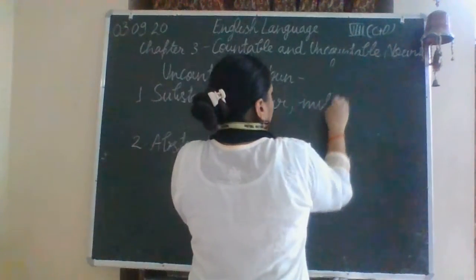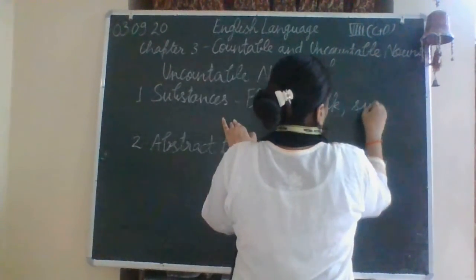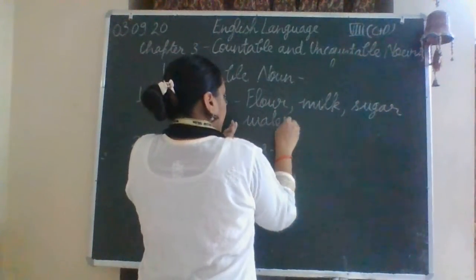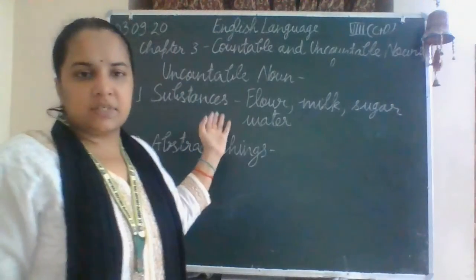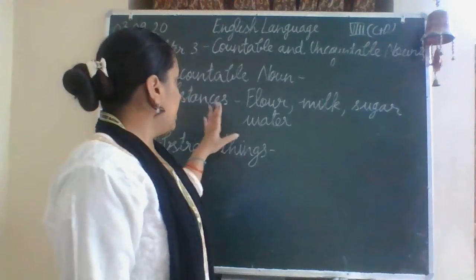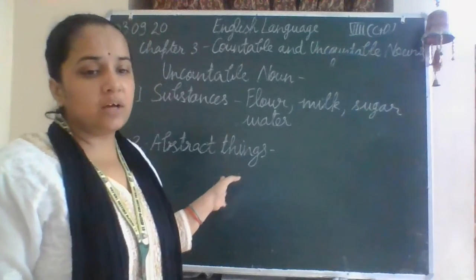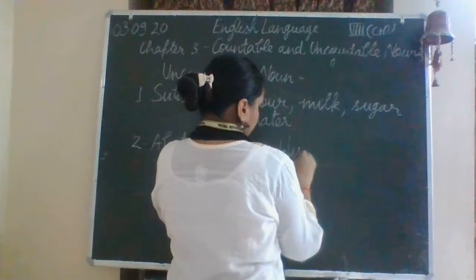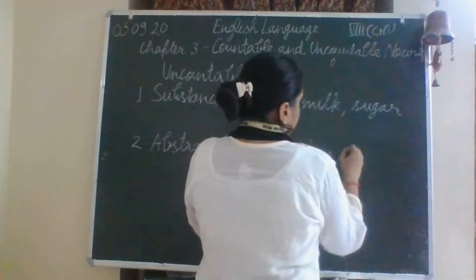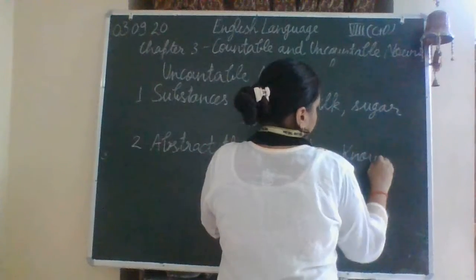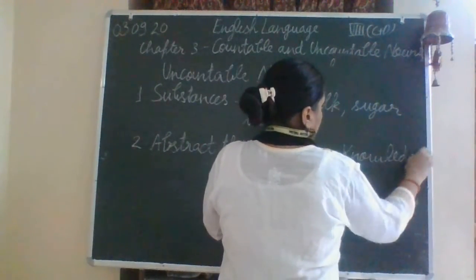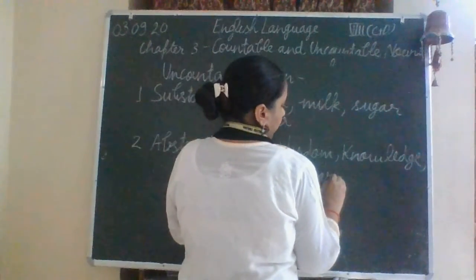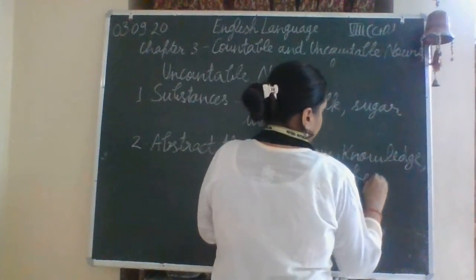So, substances, as we have discussed: flour, milk, sugar, water. All the substances can be used as uncountable nouns. Whereas, whenever we are talking about abstract things: wisdom, knowledge, love, care, beauty.